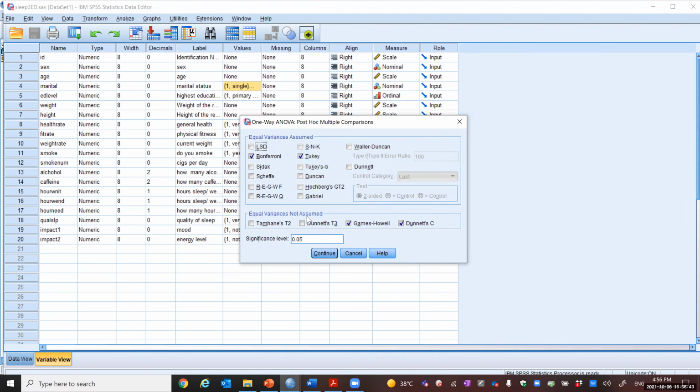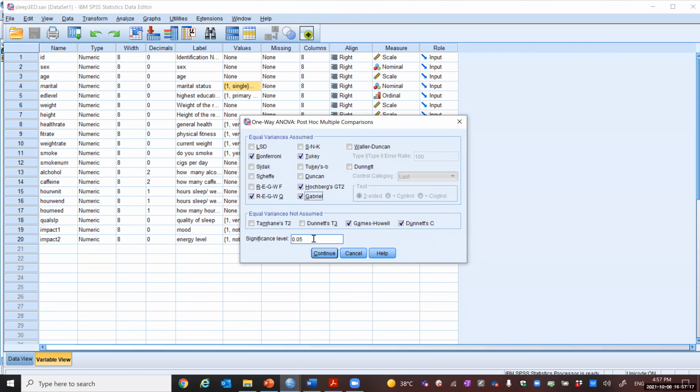You remember that in equal variances assumed, we talked about Bonferroni, Tukey's, REGWQ, Hochberg's GT2, and Gabriel's. And in equal variances not assumed, we talked about Dunnett's C and Games-Howell. So I checked all of these. There is no problem in that.